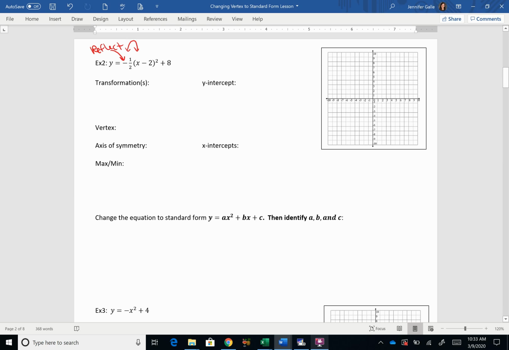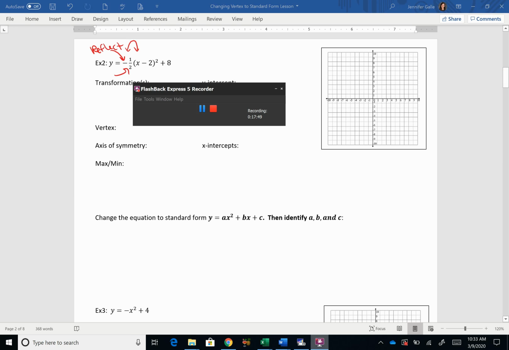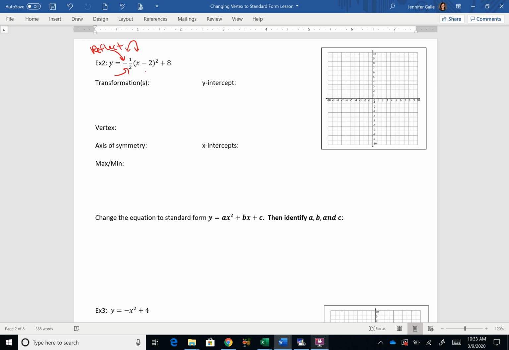It's going to take our graph and flip it upside down. All right, now what if we have a number in front that we're multiplying by and it's smaller than 1? It's a shrink. Did some of you call it a compression last trimester? Or was it shrinks? Shrinks across the board? Okay.